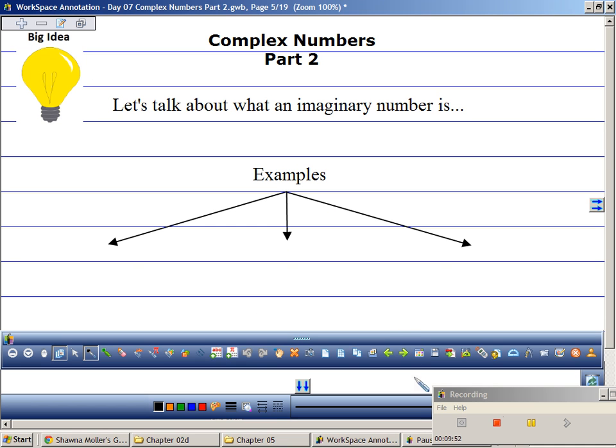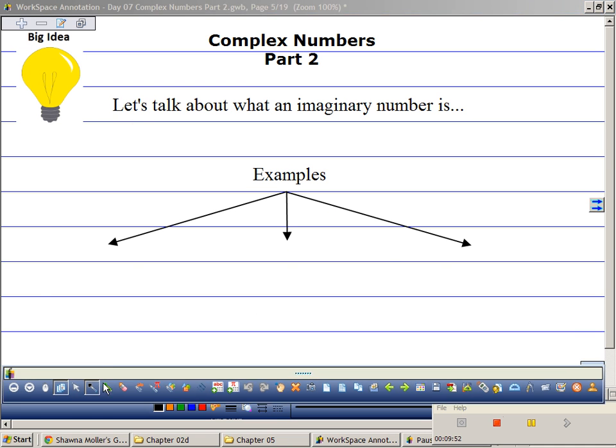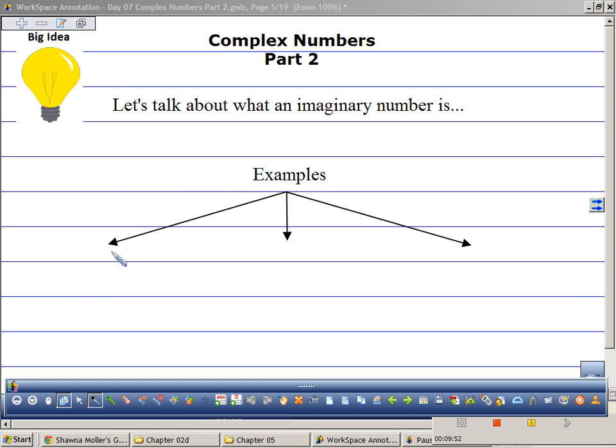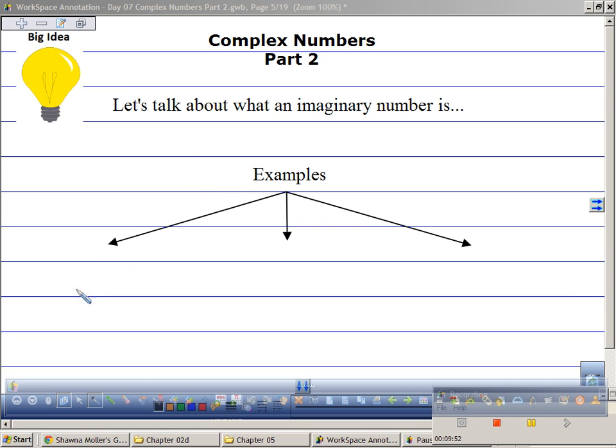All right, so let's talk about complex numbers now. What did we say yesterday complex numbers look like? Conceptually, what do they look like? What about i? It's the negative area.